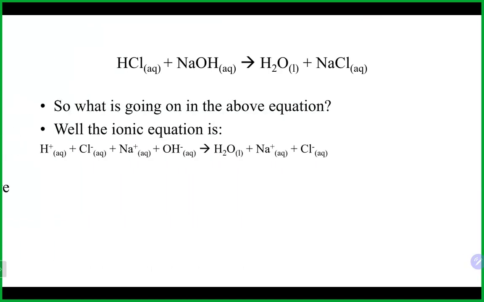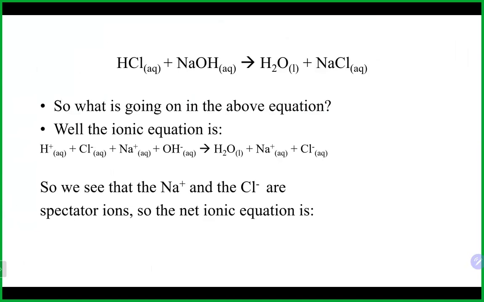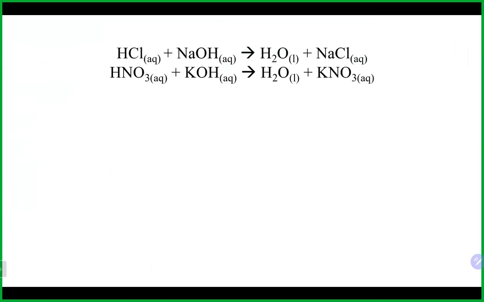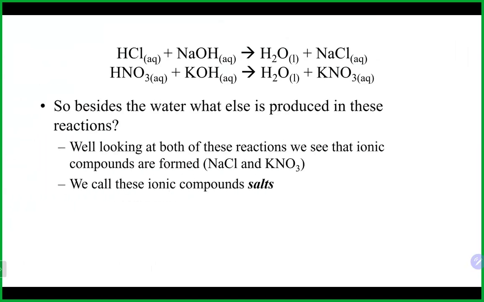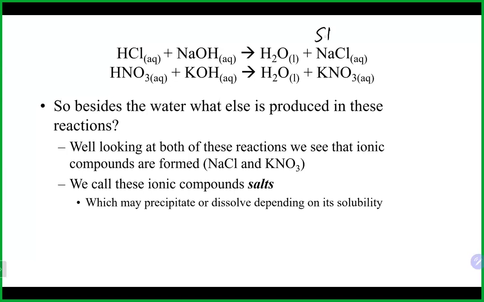So as I mentioned before, again, we have our spectator ions and water being our ultimate endpoint there. I would say probably 99% of the time, based on solubility rules, you will basically always have a salt that is soluble. It is possible to get an insoluble salt, but most of the time, that salt, like sodium chloride there, or in this case, potassium chloride, will most likely always be aqueous.